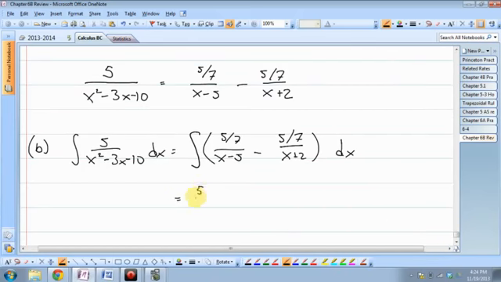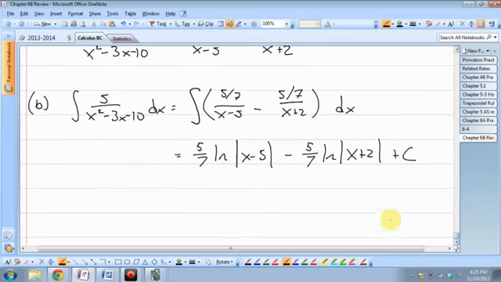This antiderivative is 5 sevenths the log of x minus 5 minus 5 sevenths the log of x plus 2, plus a constant. So we got 5 sevenths the natural log of x minus 5 over x plus 2, plus constant.